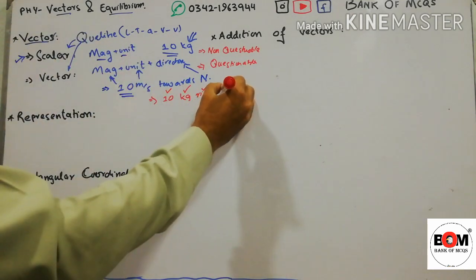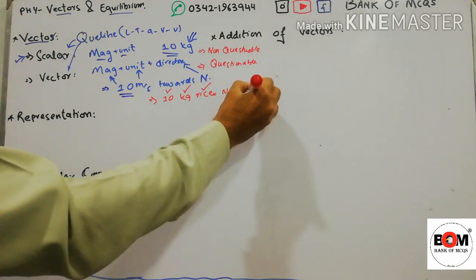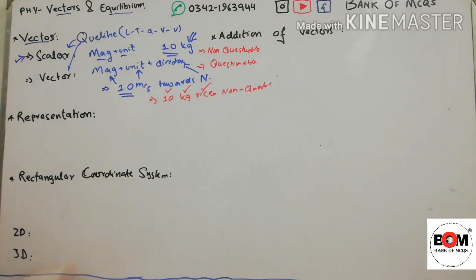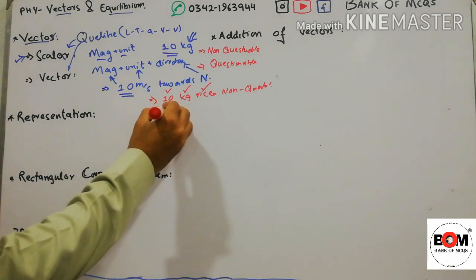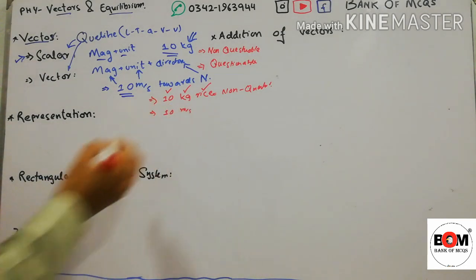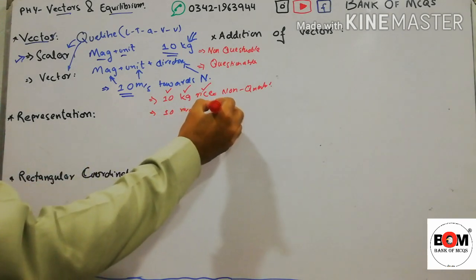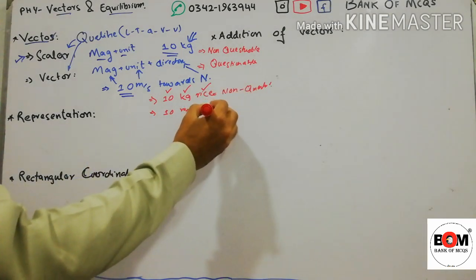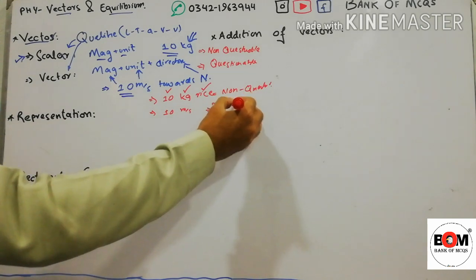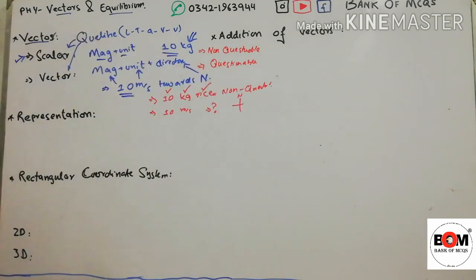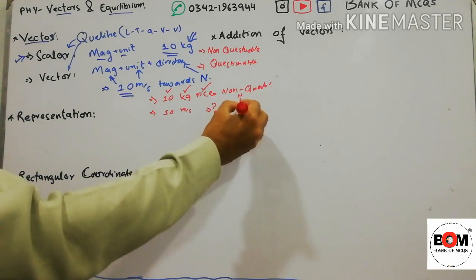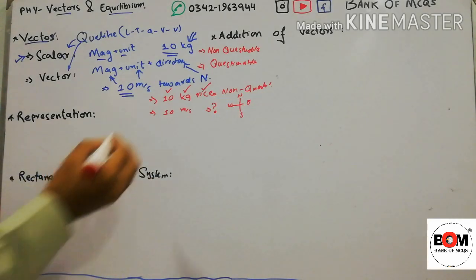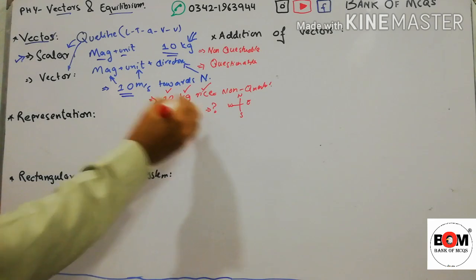This is non-questionable, he will directly give you 10 kilogram rice. But if you say that Ali went with 10 meter per second, then a question will arise: where did Ali go? Towards north, east, west or south?